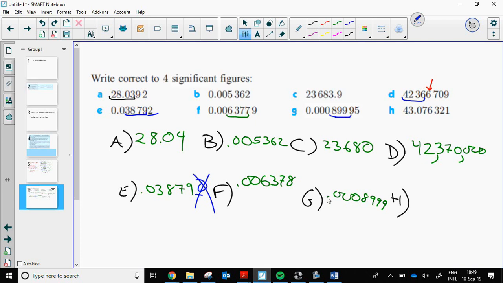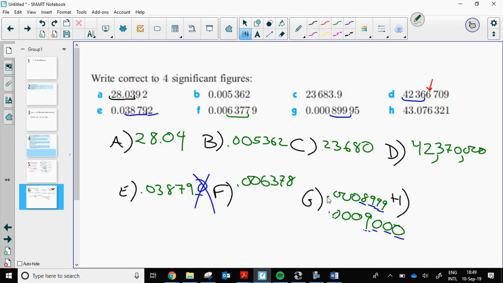The number after the 9 is a 5, which means we actually needed to round up that 9 to a 10, and that 9 up to a 10, which means that 8 is actually going to be a 9. That is now rounded to 4 significant figures. 1, 2, 3, 4. That one was a little bit of a challenge.